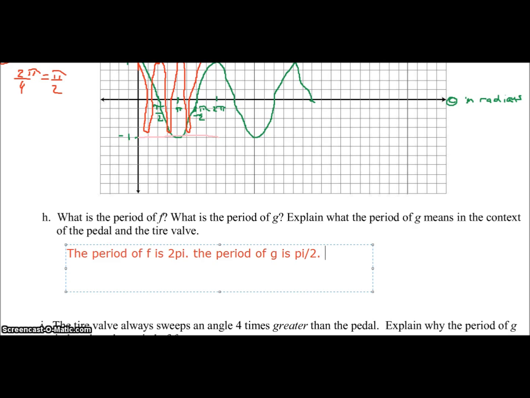Explain what the period of g means in the context of the pedal and the tire valve. As the tire valve rotates 1 complete revolution, the pedal only rotates 1/4 of a revolution.